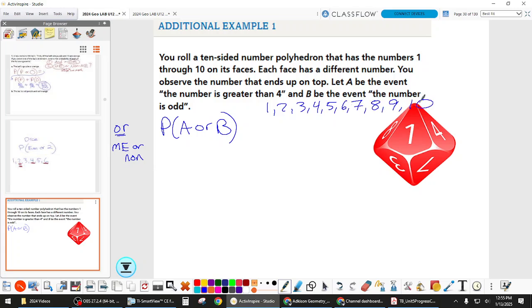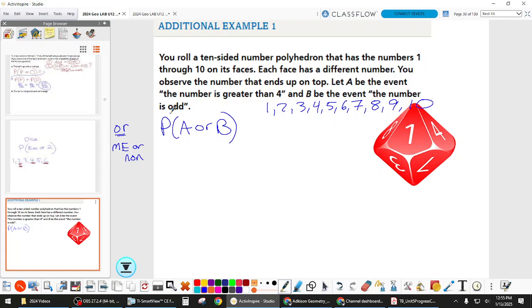There's our sample space. Event is greater than 4, and the number is odd. Are those mutually exclusive? Can you be both at the same time? What numbers qualify as both at the same time? Yeah, 5, 7, 9, sorry. Yes.